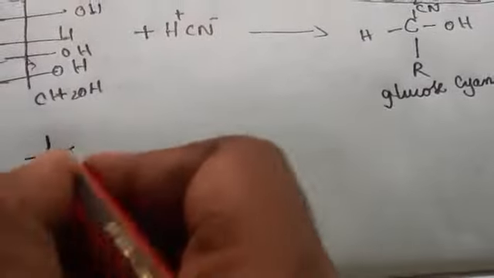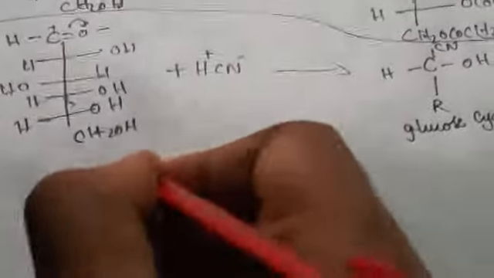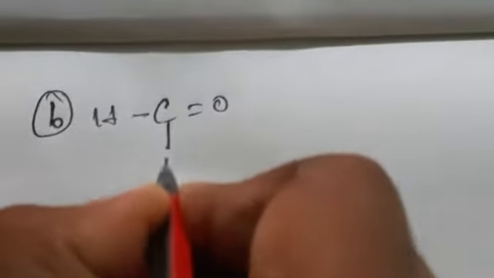Next, in this same case, glucose, remaining all kept as R, with CHO. This is part B. Here R indicates this complete molecule. Next, NH2OH, hydroxylamine.